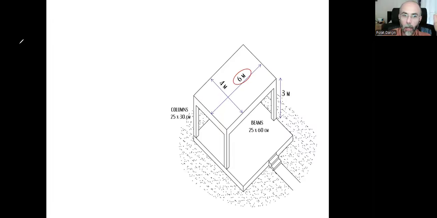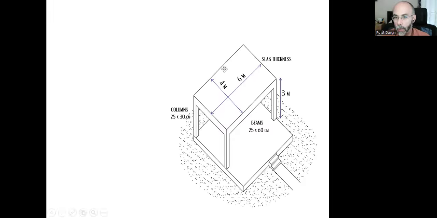After that, we need to make a decision about the slab thickness. As you understand easily, our slab size is smaller than 7 by 7 meters. As you remember, for slabs with beams, if we don't need girders, we need to keep the span smaller than 7 meters in both directions. 4 meters and 6 meters are both smaller than 7 meters, so we don't need any girders.